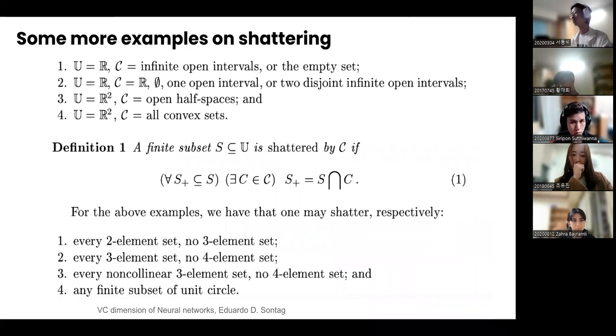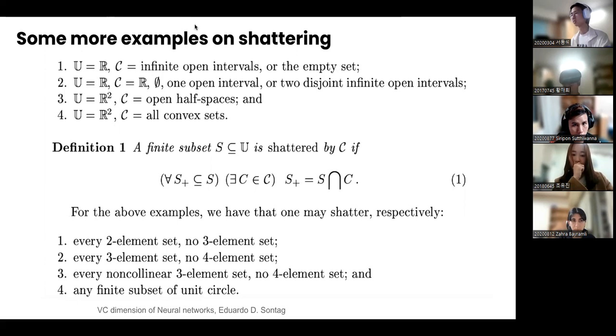Excellent. So the first one is where the ranges are open intervals in one dimension. This is a special case of linear separability, because in one dimension, a linear subspace is simply a point, right?